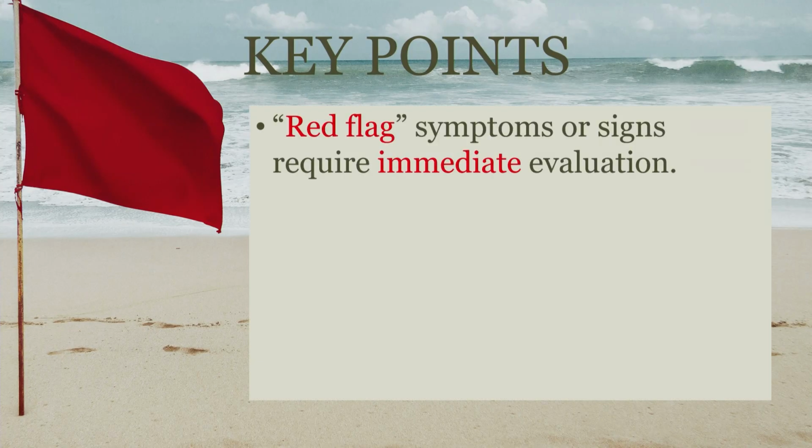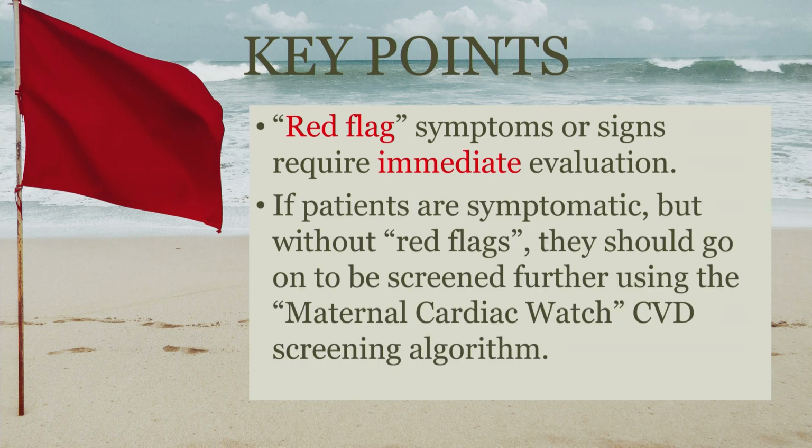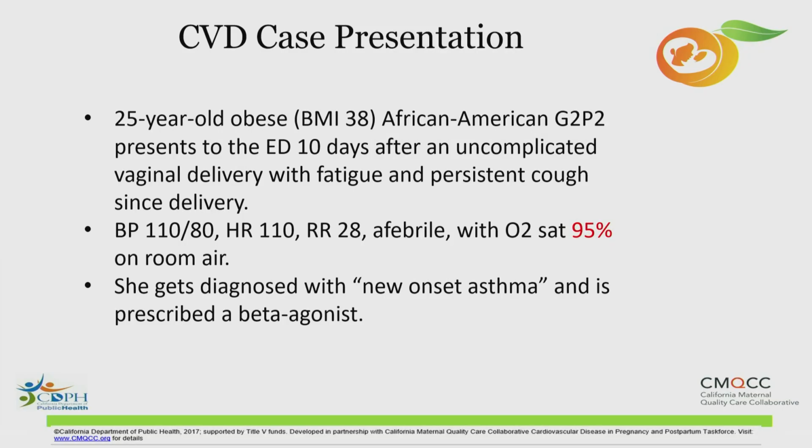So some key points: red flag symptoms require immediate attention, and patients that are symptomatic but without red flags should be screened using the maternal cardiac watch. Then you have another patient, a 25-year-old obese female. Again, tweaking the same case, she presents to the ED 10 days later with the same symptoms. This time, O2 sat is 95%, so a little different.